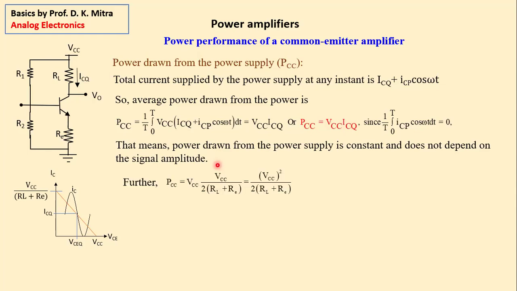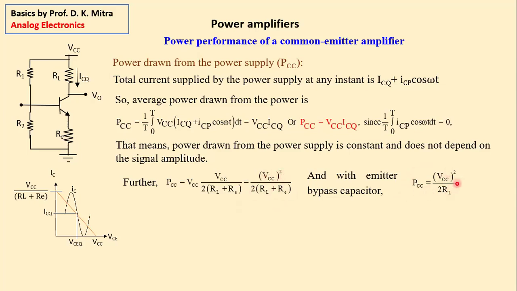Right? Next thing, what I find, this PCC is VCC into ICQ. VCC is this, and ICQ we have seen here is VCC by 2 multiplied by RL plus RE. So it is VCC square divided by 2 multiplied by RL plus RE. And if RE has an emitter bypass capacitor, then you ignore the RE, it becomes VCC square by 2 RL.